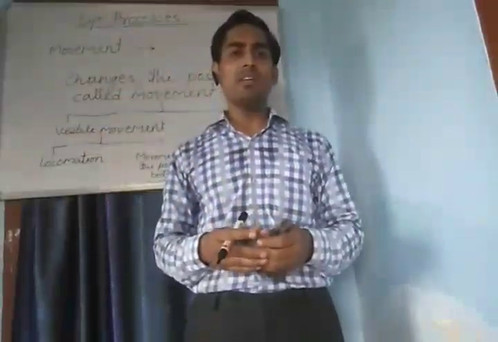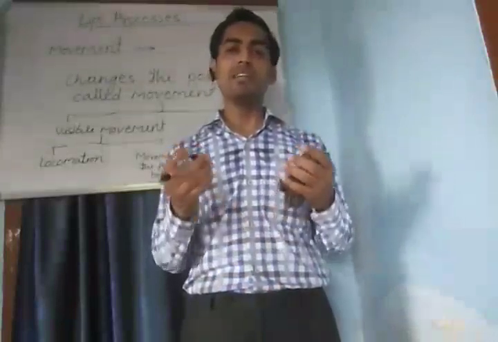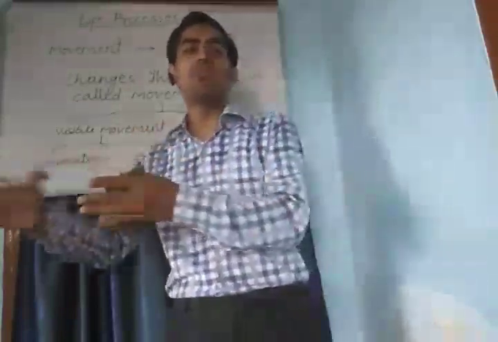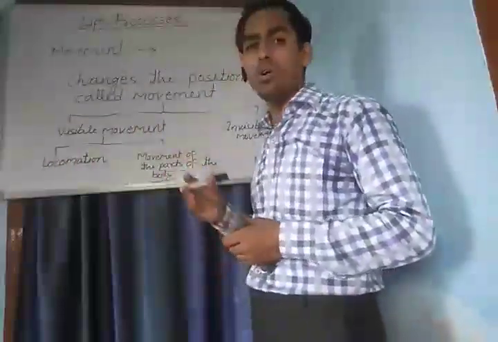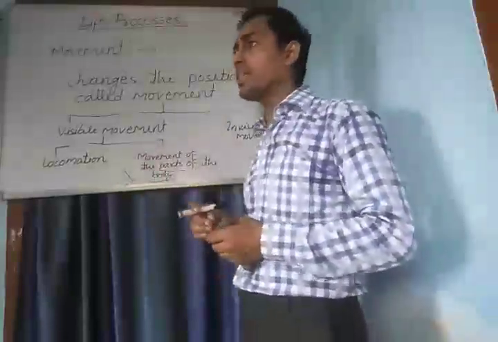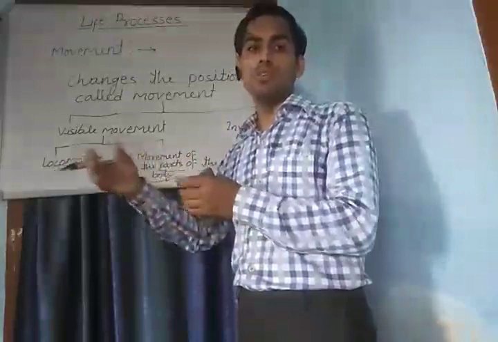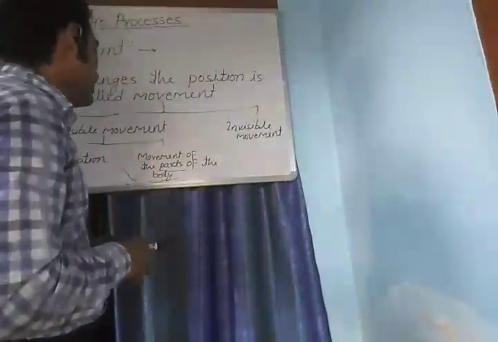In the same way, this time I am at the same place, but my lips and my hand are moving. This is movement of body parts, in which the whole body is not moving. Other examples of movement of parts are the heartbeat, in which we don't move from one place to another but it is working, and also breathing, which occurs continuously even when we are sleeping.